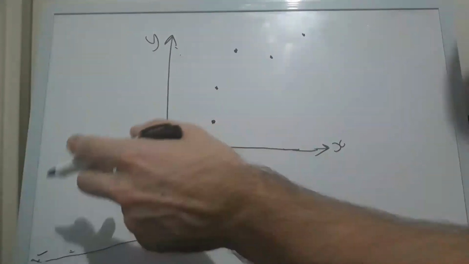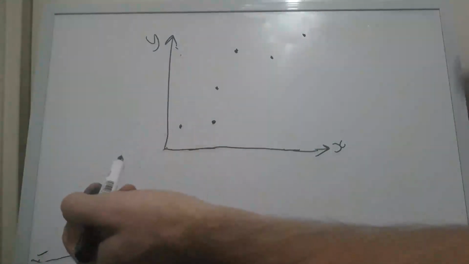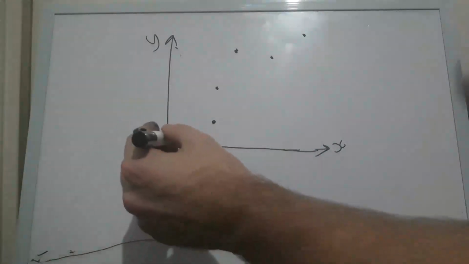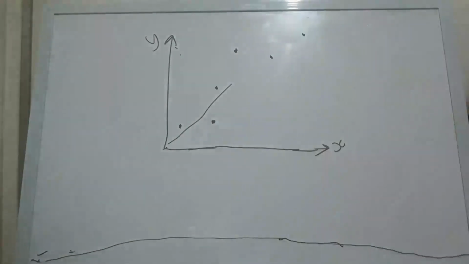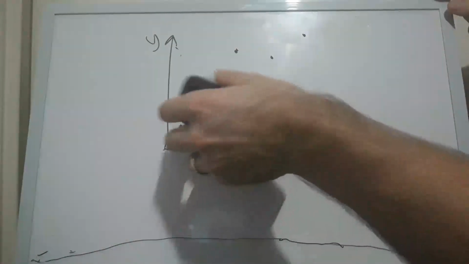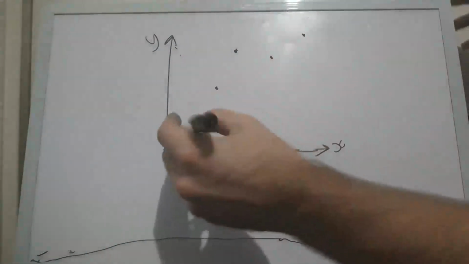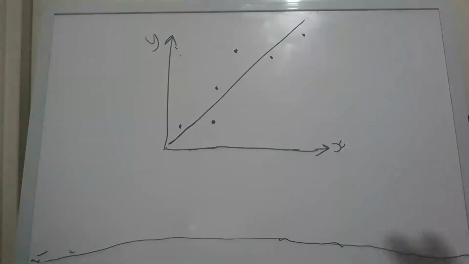My objective is to get the line to be as close to as many dots as possible. So maybe, hang on, that's not a straight line. I can do better. So let's say maybe it's like that.